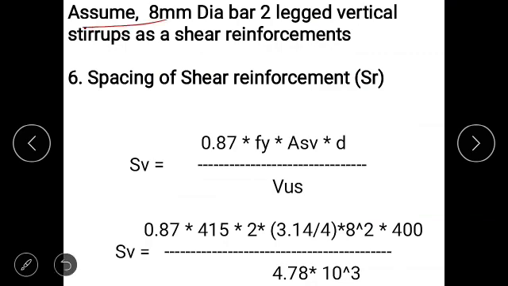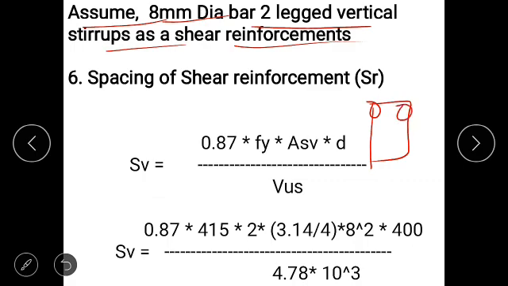Assume a diameter of 8 mm because a stirrup is required. A stirrup doesn't require a large diameter, so use 8 mm and a two-legged vertical stirrup as shear reinforcement. You know what a two-legged stirrup is?